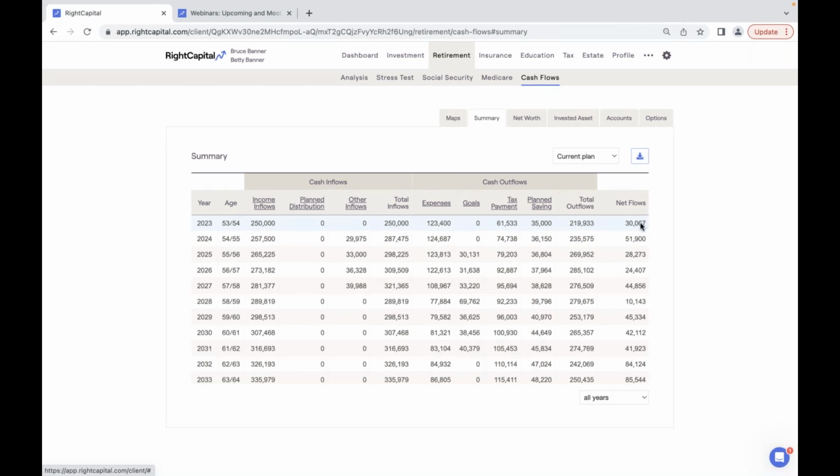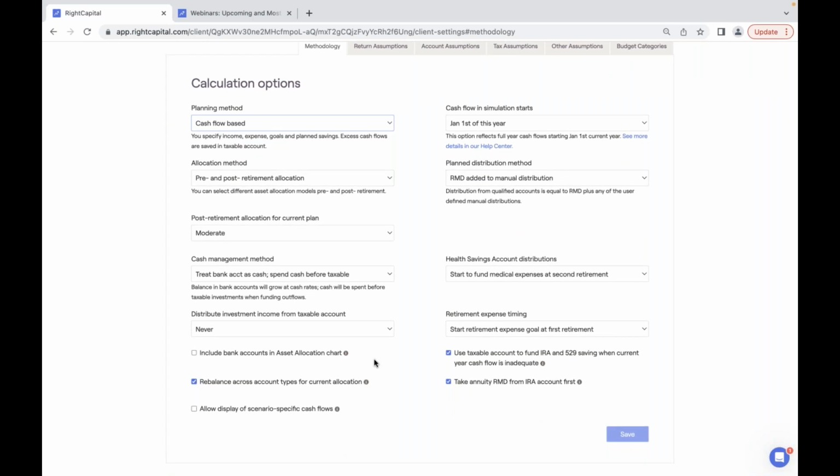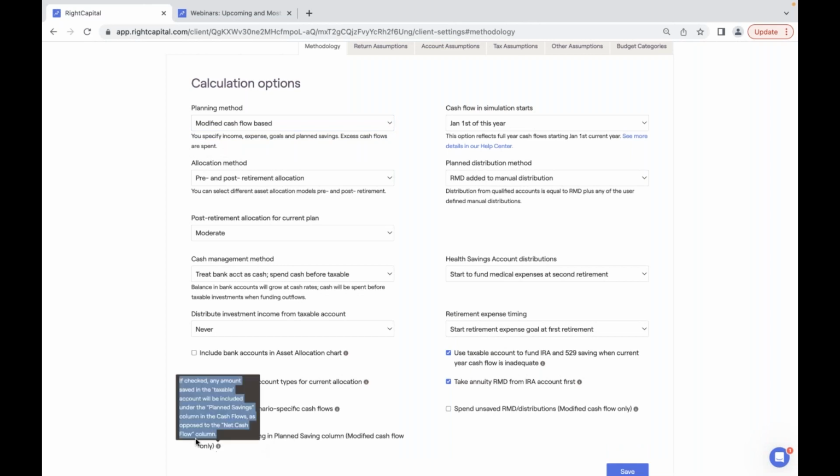And many people might prefer to see this positive net flow simply added as a taxable savings. So one thing I always like to just remind you all of is that in the gear icon settings area, in the same place we can choose between cash flow or modified cash flow based plans, we can choose to, for example, simply include those savings into the actual planned savings column.